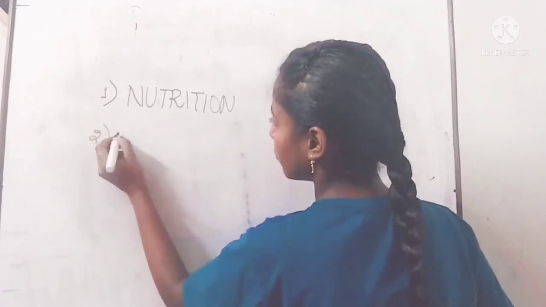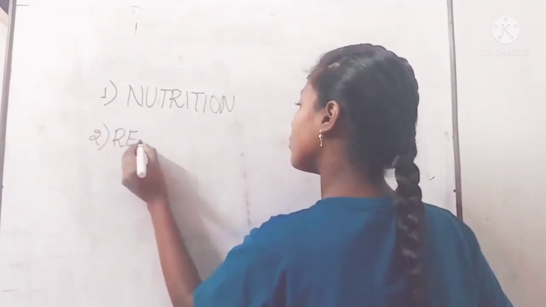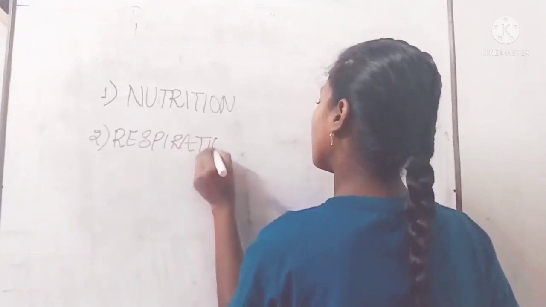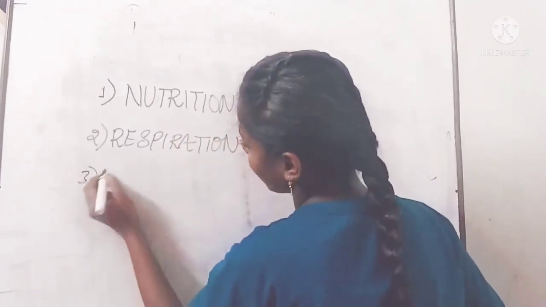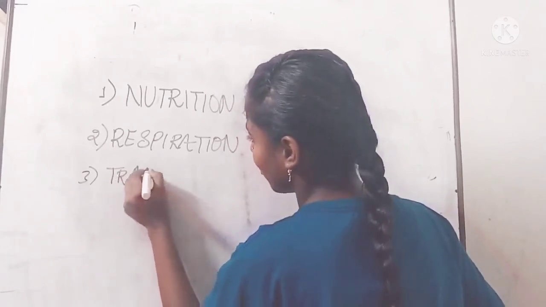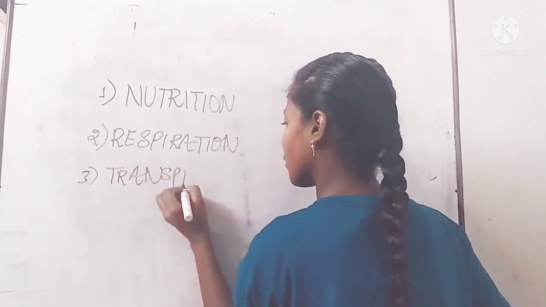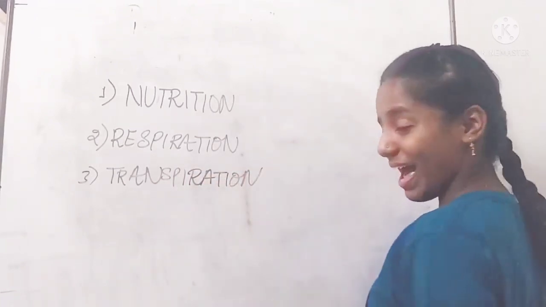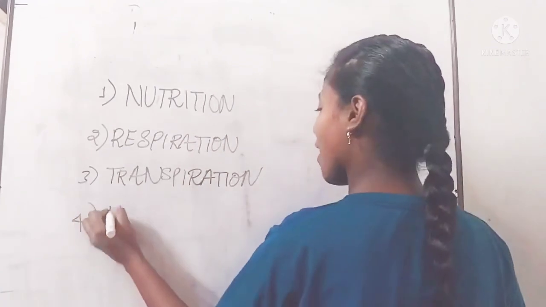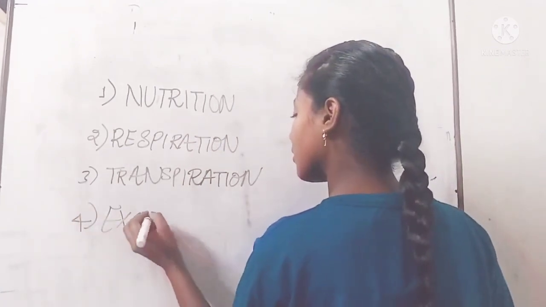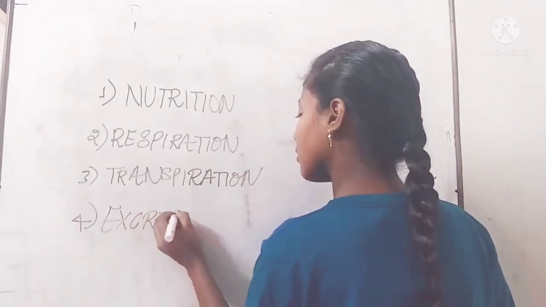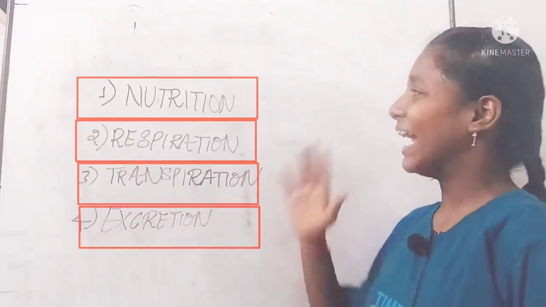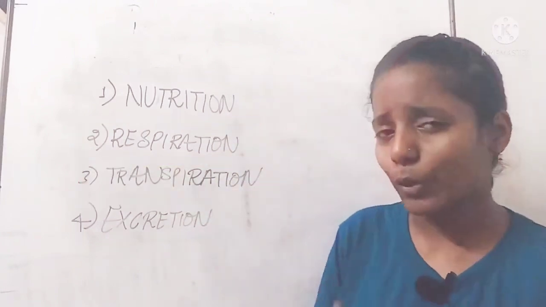Then we have respiration, then we have transpiration processes, and last but not least, we have excretion. I would like to clear your doubt over here that these topics may seem boring.